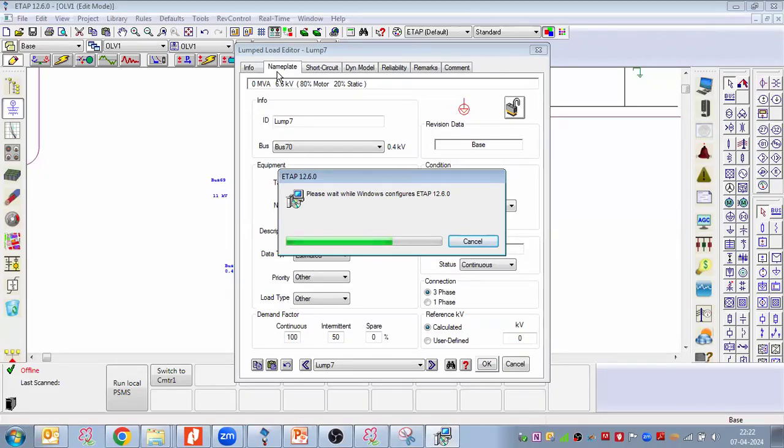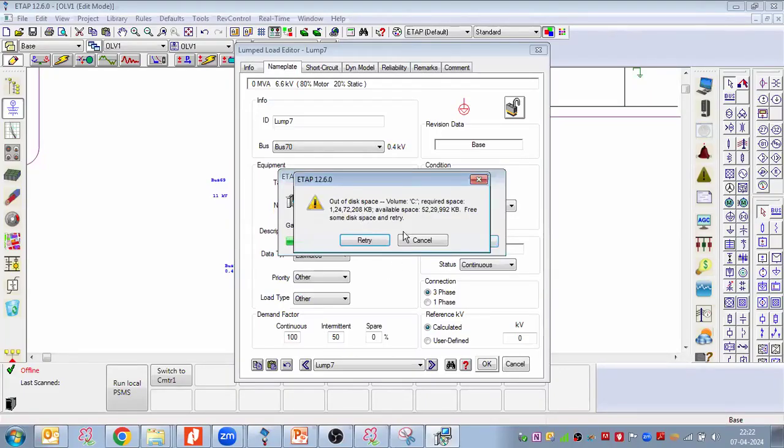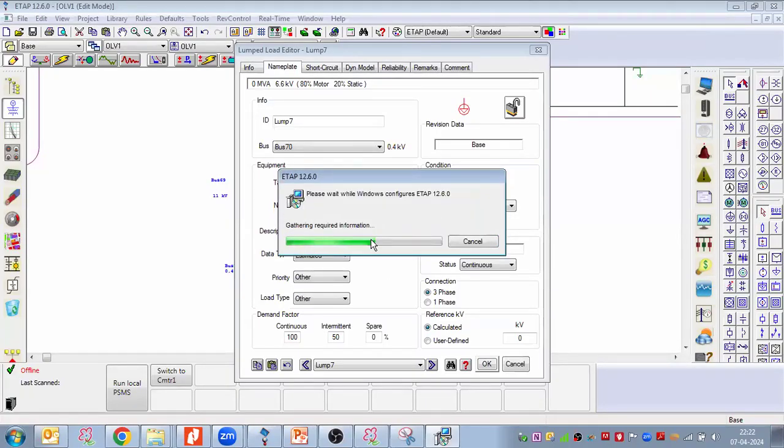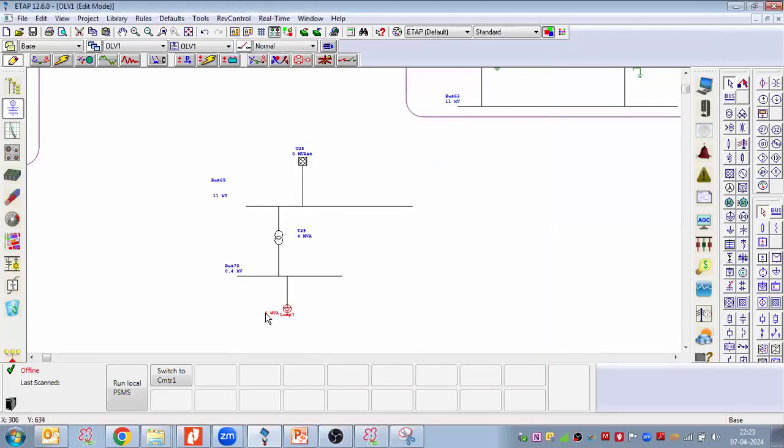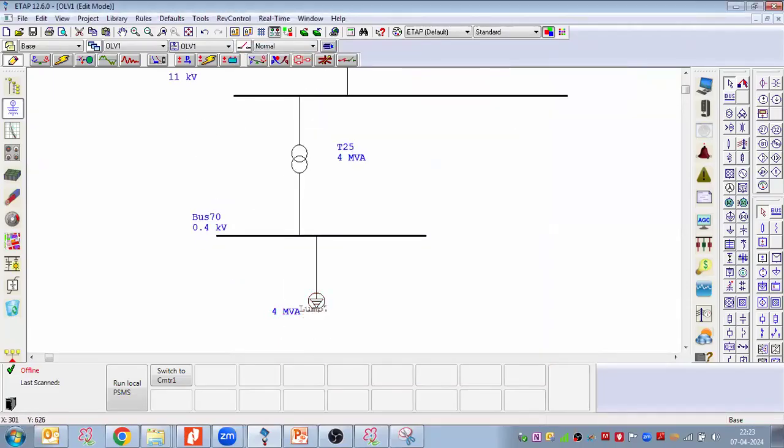Let us take 100% of this load, and then let us see what current is flowing. So I'm putting a 4 MVA lump load.